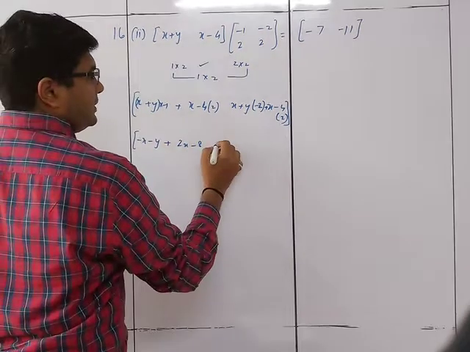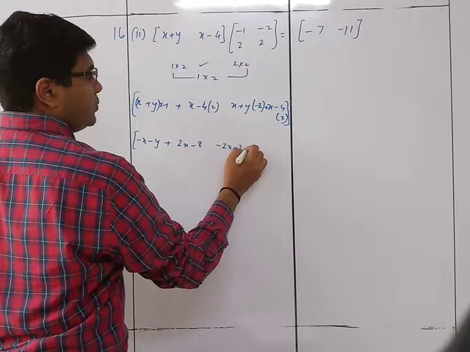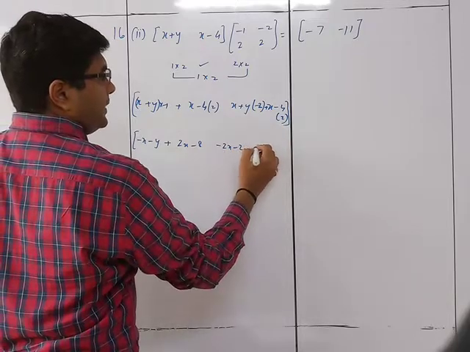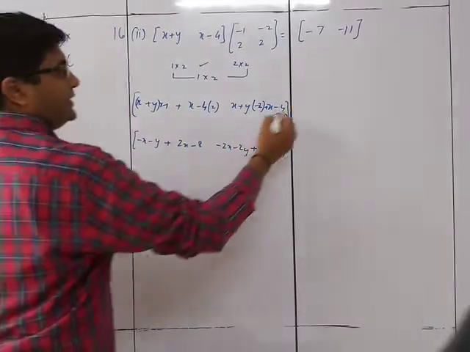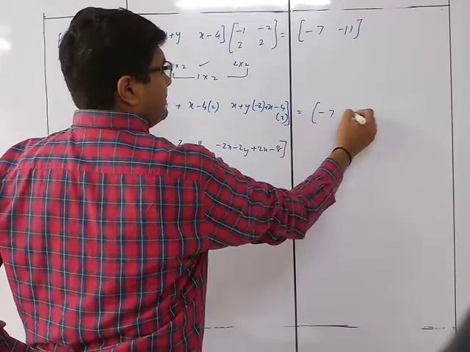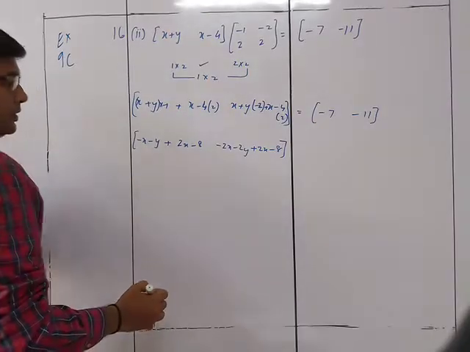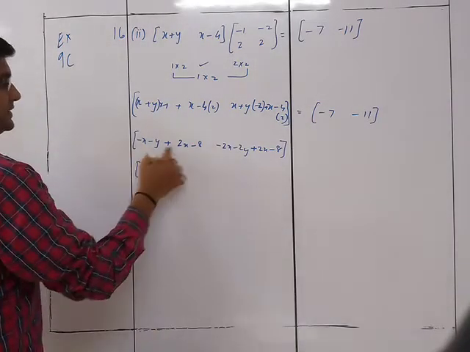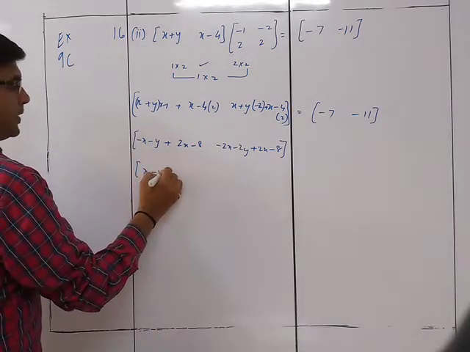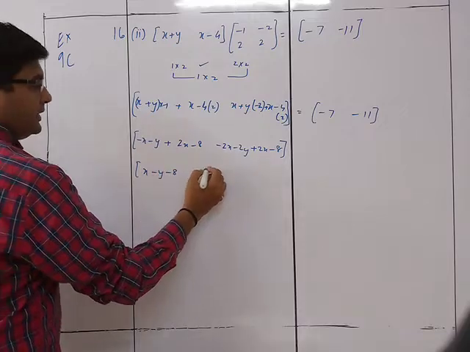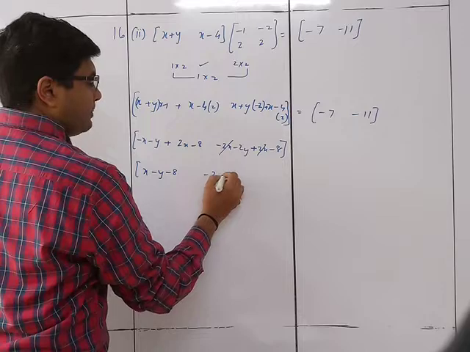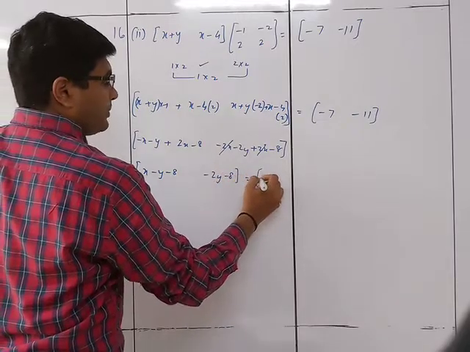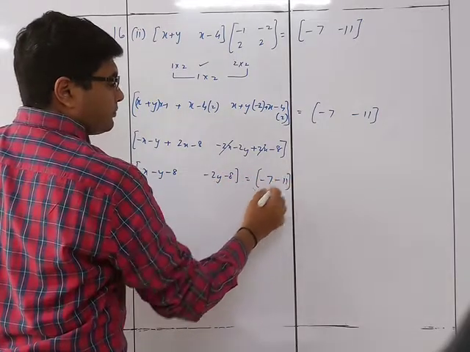Over here it is minus 2x minus 2y and then plus 2x minus 8. And that is equal to minus 7, minus 11. So this gives us x minus y minus 8, and this gets cancelled, minus 2y minus 8, is equal to minus 7, minus 11.